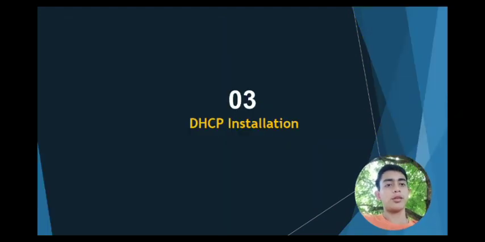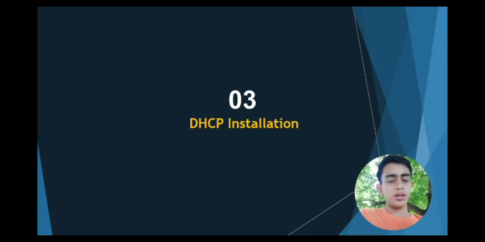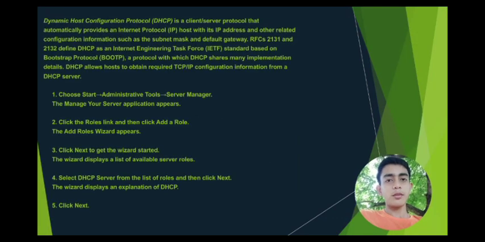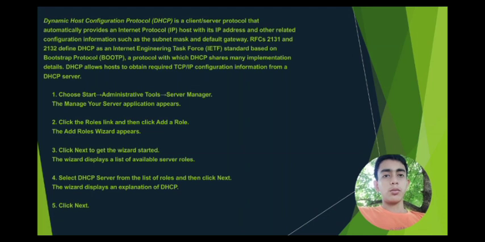So the topic is number 3, DHCP installation. Dynamic Host Configuration Protocol, or DHCP, is a client server protocol that automatically provides an Internet Protocol, or IP, host with its IP address and other related configuration information such as the subnet mask and default gateway.